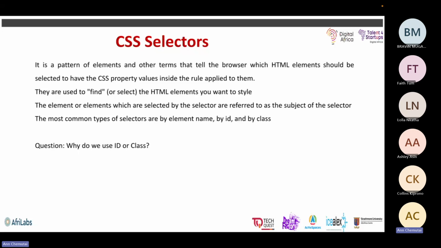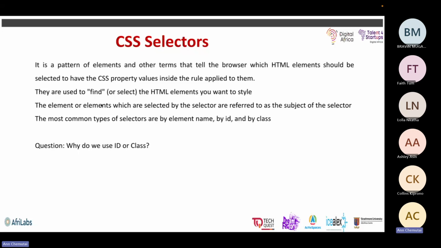Inside the declaration, you have the property and its value. Now, when you're using either a class or an ID, we can easily assign values or give it some property based on that. So we use these selectors to find the element and then to style it.